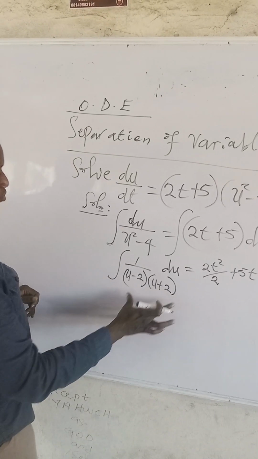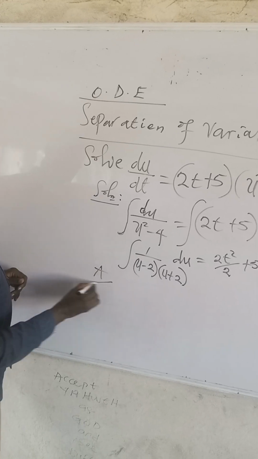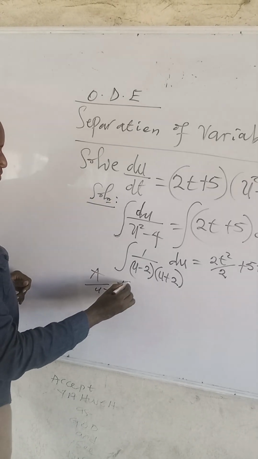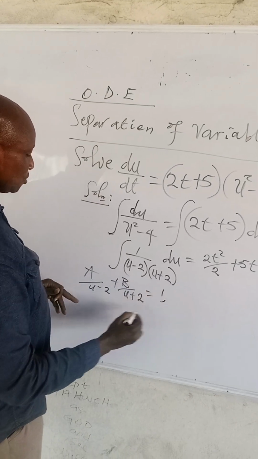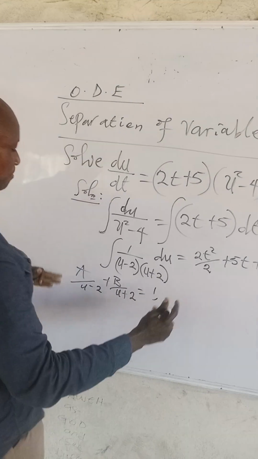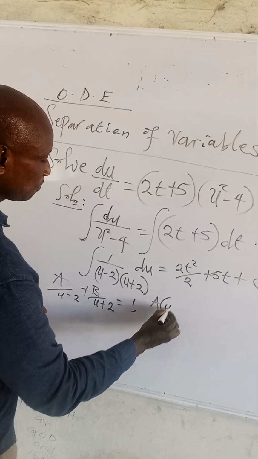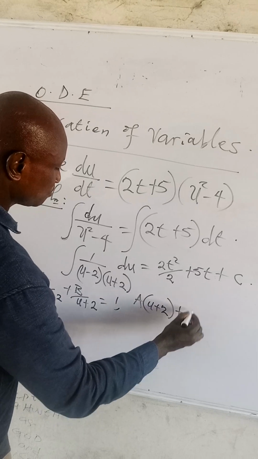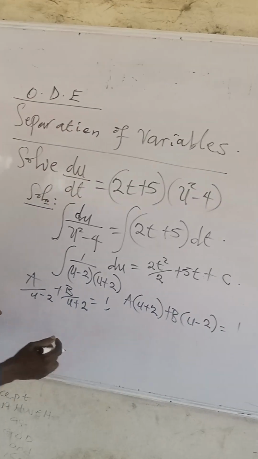The whole of this, when translated into partial fractions, gives you A over (u minus 2) plus B over (u plus 2), which is equal to 1. So by the time you cross multiply, we have A times (u plus 2) plus B times (u minus 2) equal to 1.